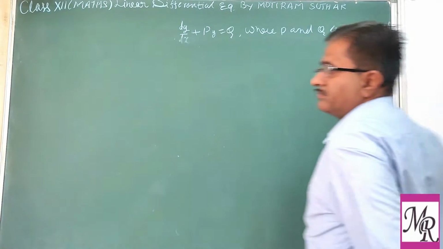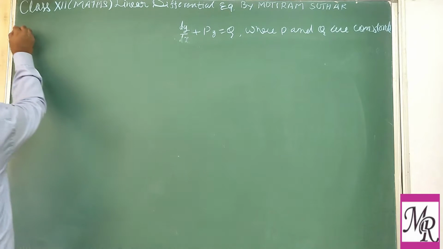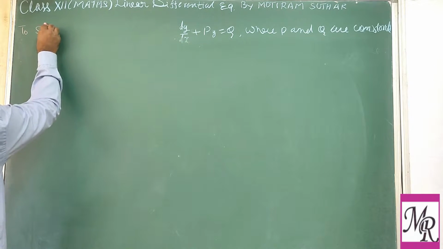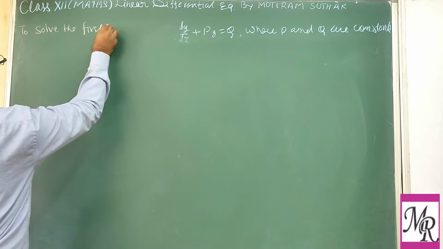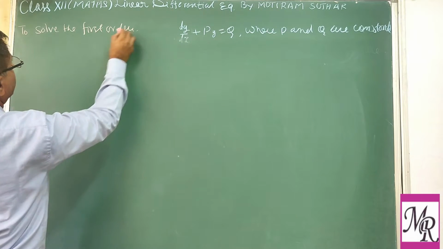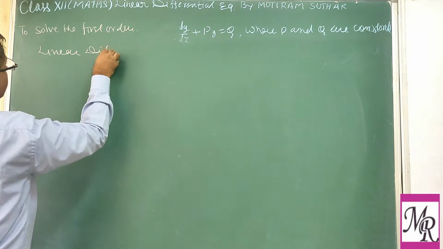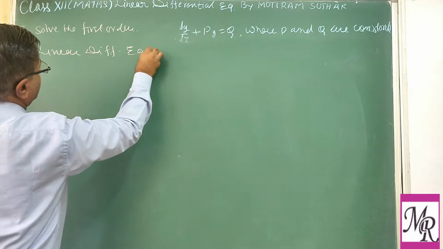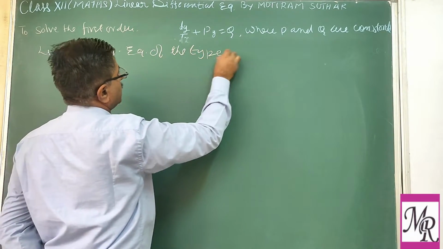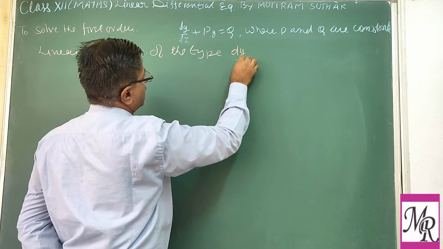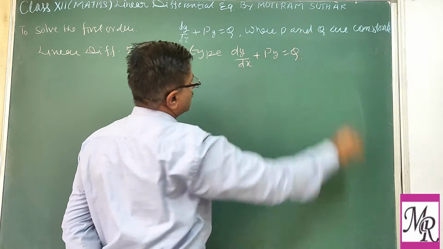Now we solve the first order linear differential equation of the type, we take the first type, dy by dx plus p y equal to q.